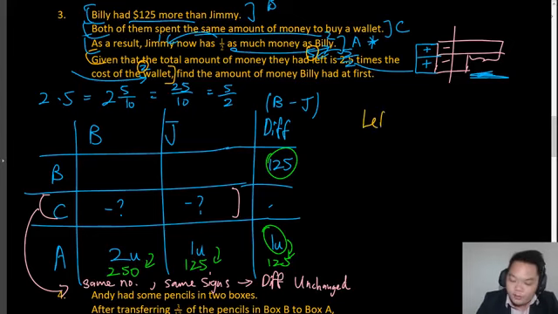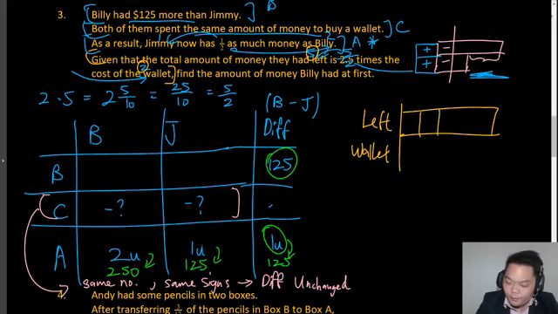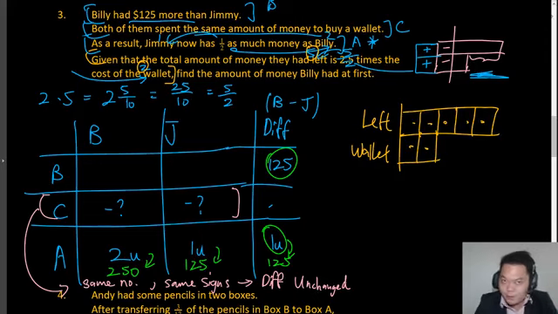Okay, so let's just represent this like this. You have got 5 blocks remaining, and the wallet will be represented by 2 blocks. The amount left will be 250 plus 125 to give you 375. Correct?